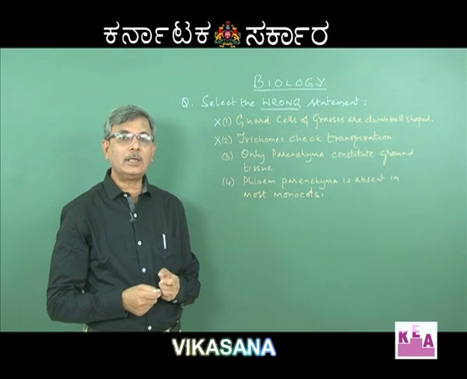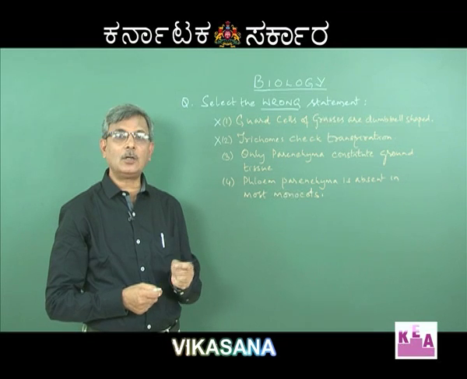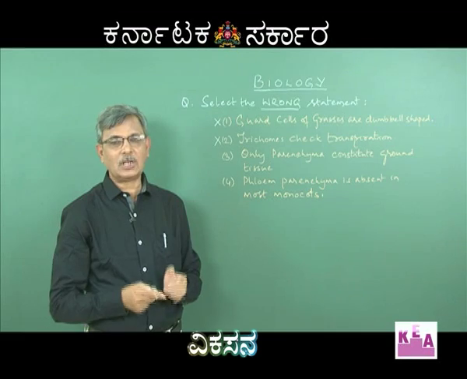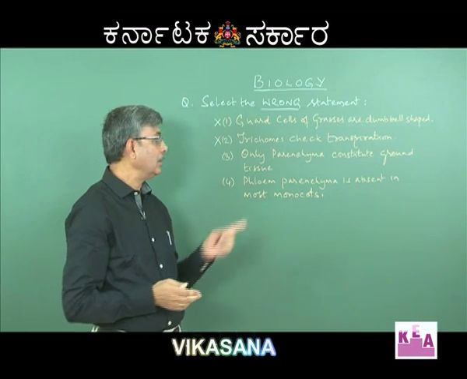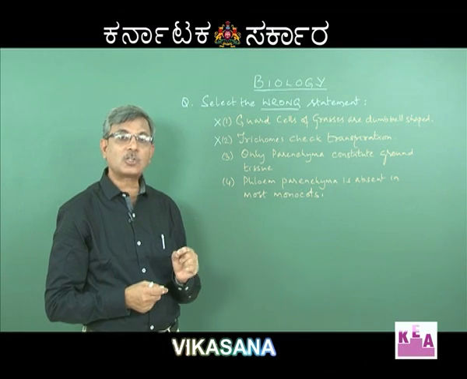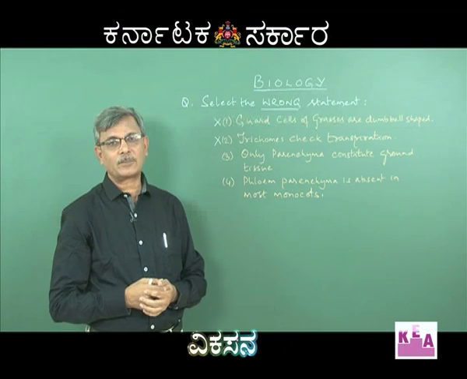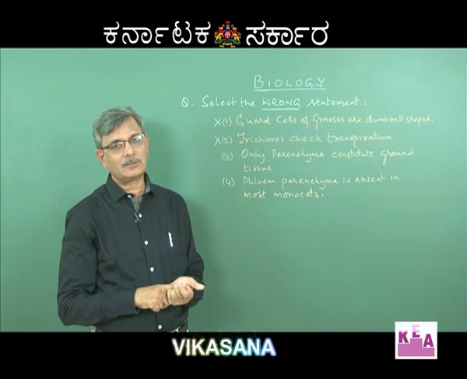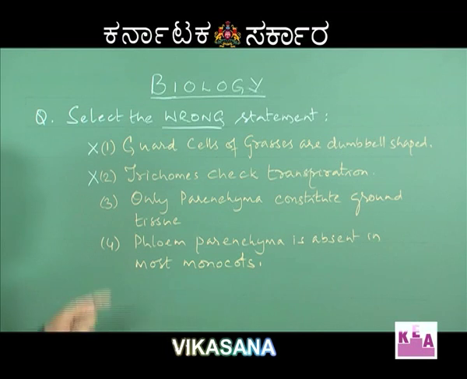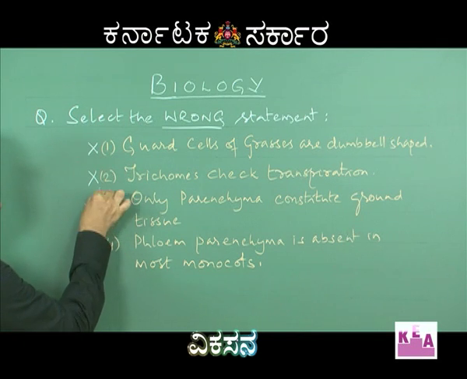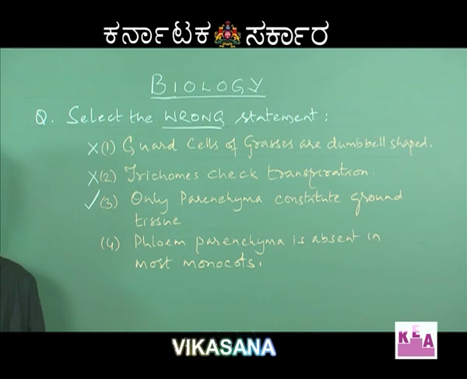Other than epidermis and vascular tissue, which is a compound permanent tissue, the rest represent the ground tissue. That means it includes all 3 simple permanent tissues, namely parenchyma, collenchyma and sclerenchyma. So option 3, which says only parenchyma constitutes ground tissue, is a wrong statement. So option 3 must be the answer for us.